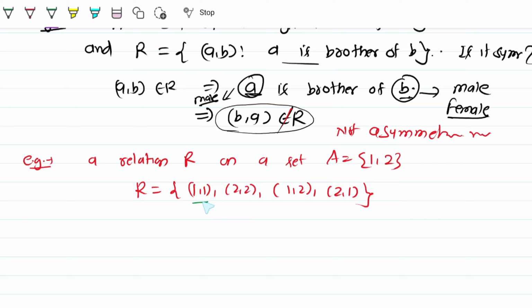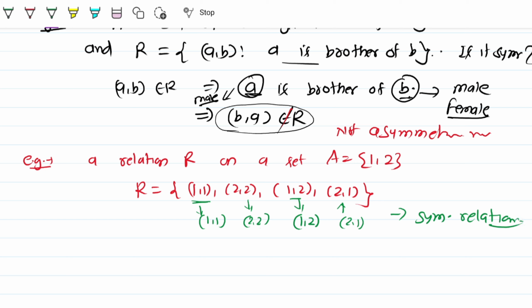Okay, 1 1 belongs to R, so its reverse is again 1 1, it's already there. 2 2, if you take the reverse also, again it is the same. 2 2 belongs to R. Now if I take 1 2 belongs to R, then its reverse pair is 2 1, already there. If I take 2 1, its reverse is 1 2, already there. It means this is a symmetric relation.